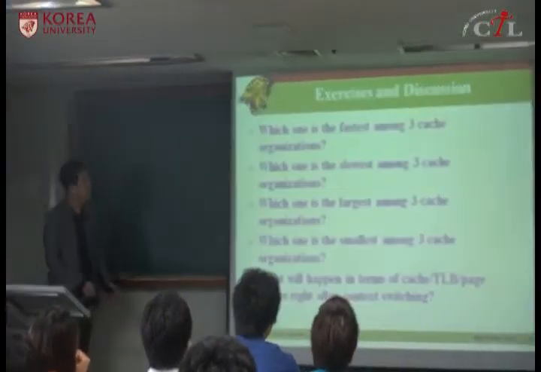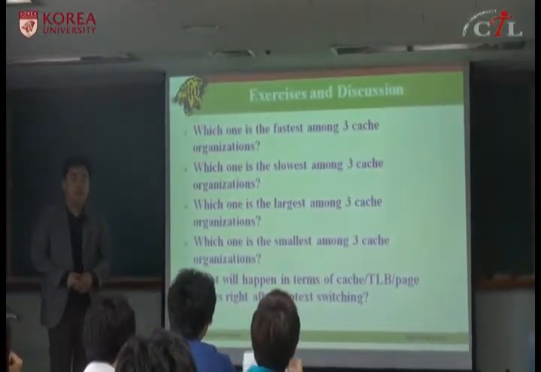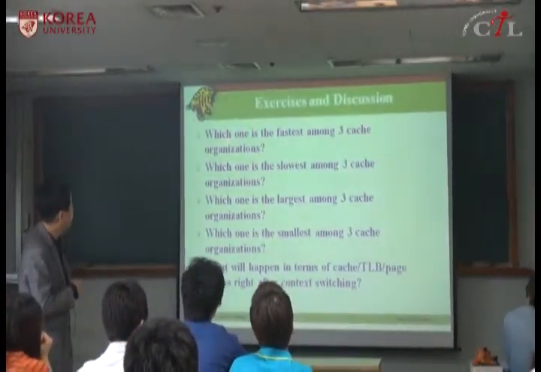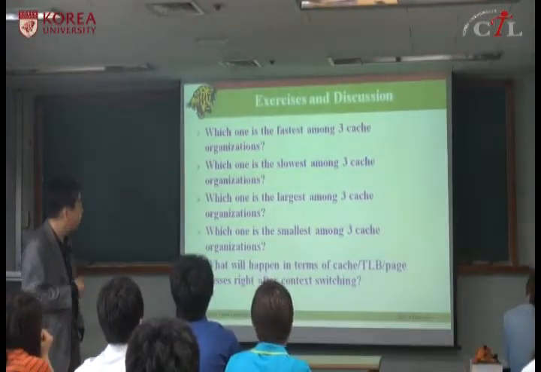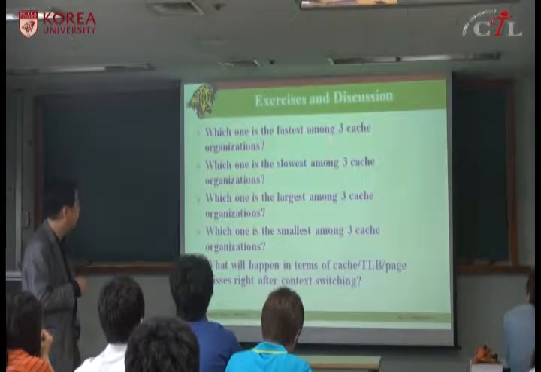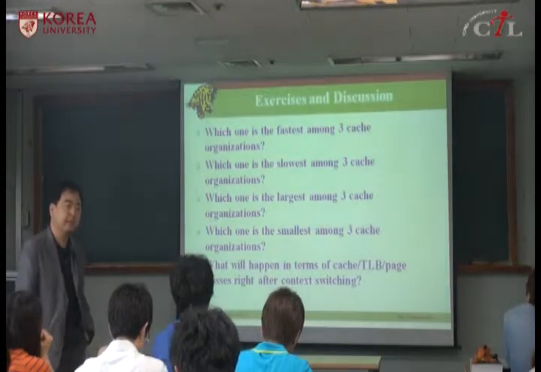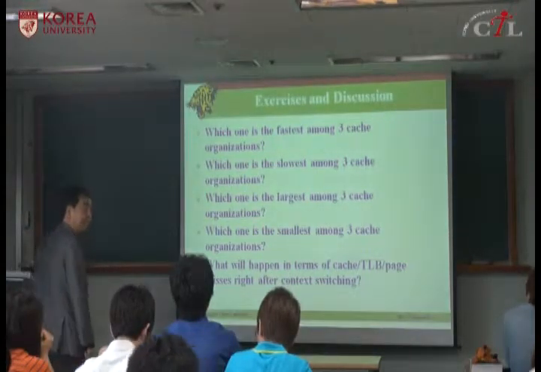Okay, let's review. Among 3 cache organizations, which one is the fastest? Fully associative, direct mapped, or set associative? Which one is the fastest? Fully.